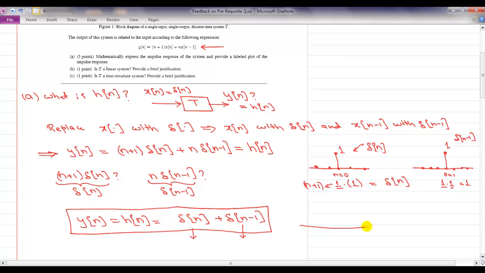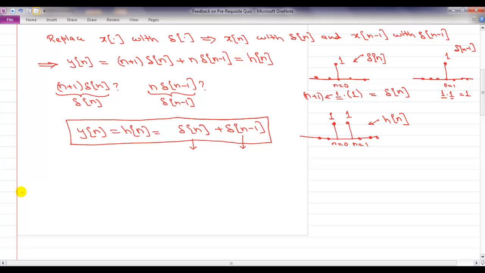So all you have is your h[n] is given by an impulse of height 1 at n equal to 0, an impulse of height 1 at n equal to 1, and 0 everywhere else. Okay? So this is your plot of h[n]. So this completes our discussion of part A of the first question.